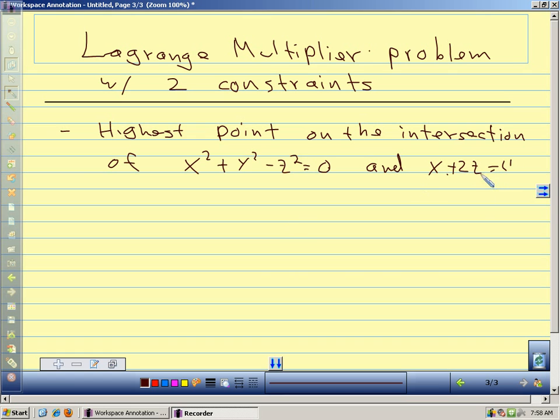So this equation and this equation are our constraints. Each of those are constraints.